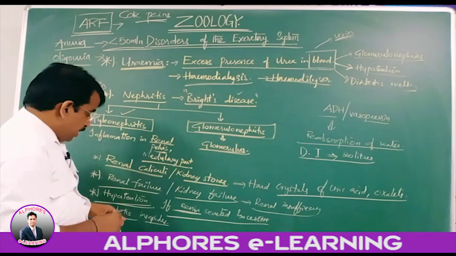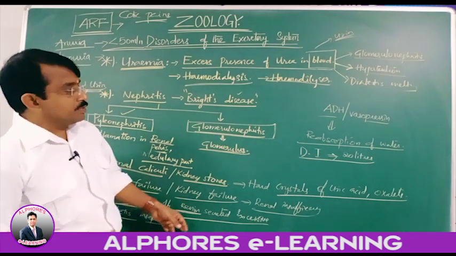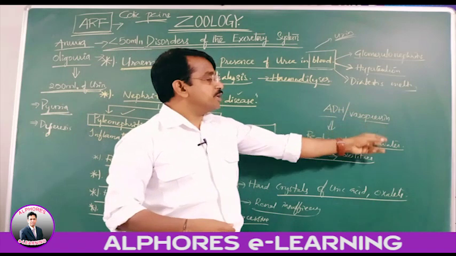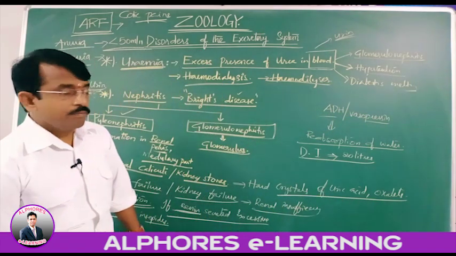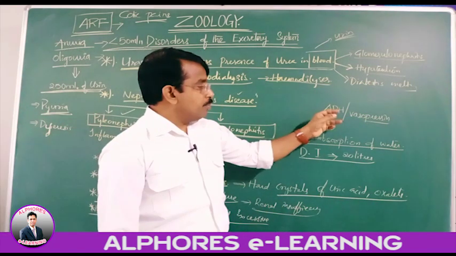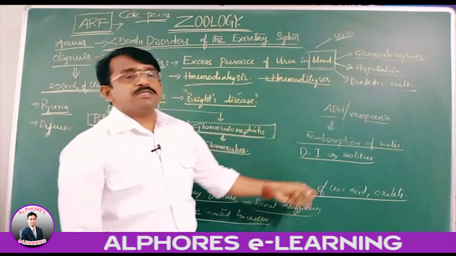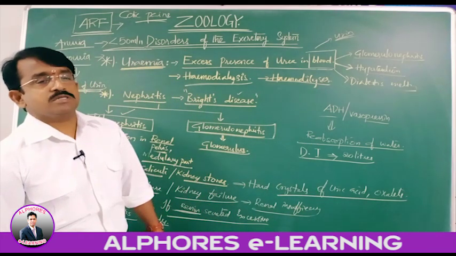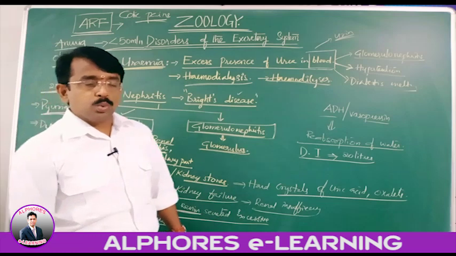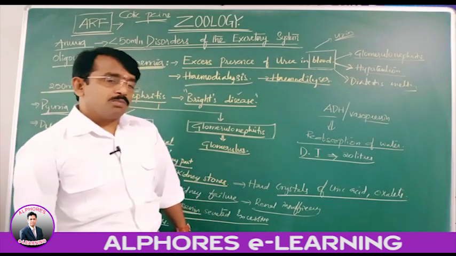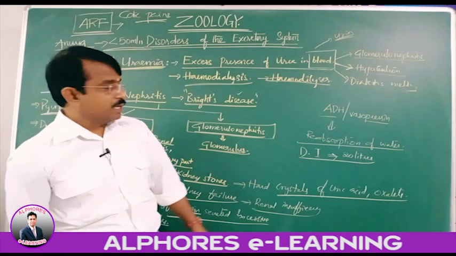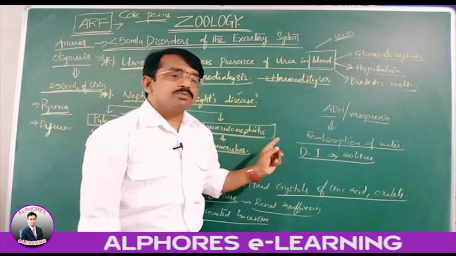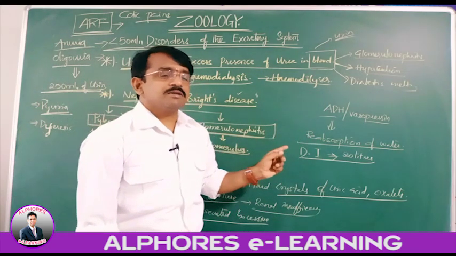Next, diabetes insipidus is due to the deficiency of ADH, antidiuretic hormone or vasopressin. The ADH is synthesized in the hypothalamus and, through the hypothalamo-hypophyseal tracts, is brought into the neurohypophysis, from where it is released.